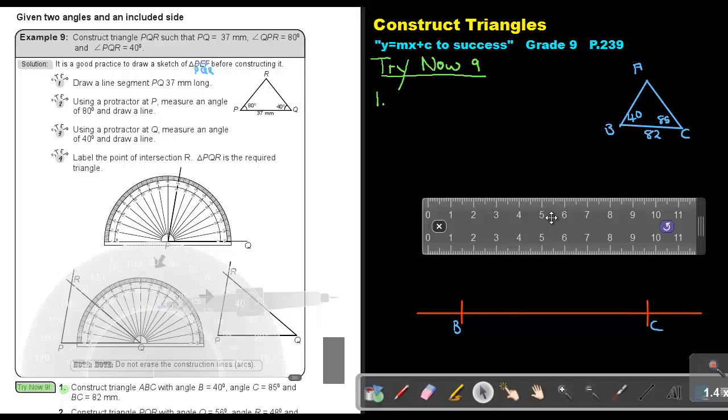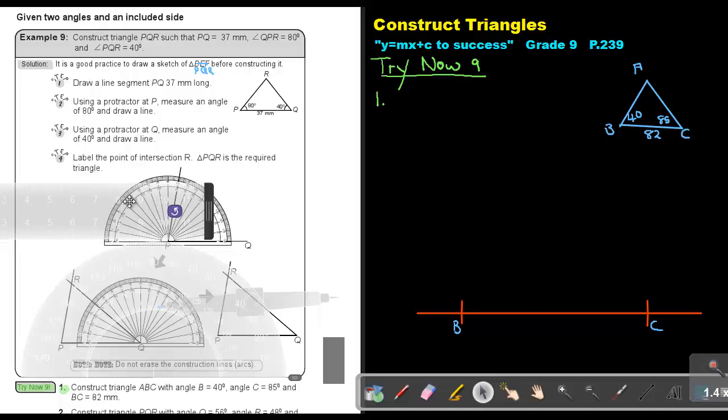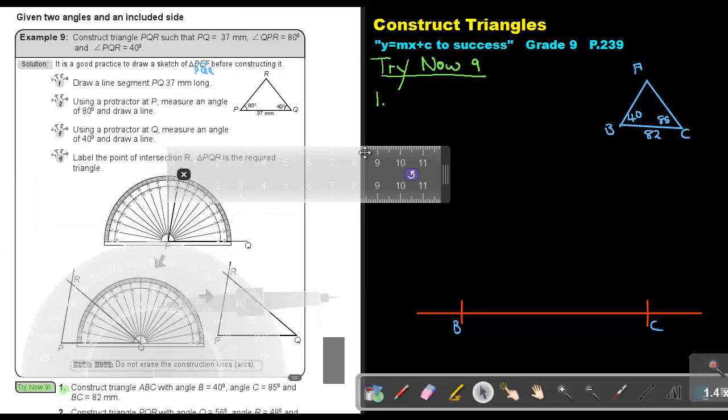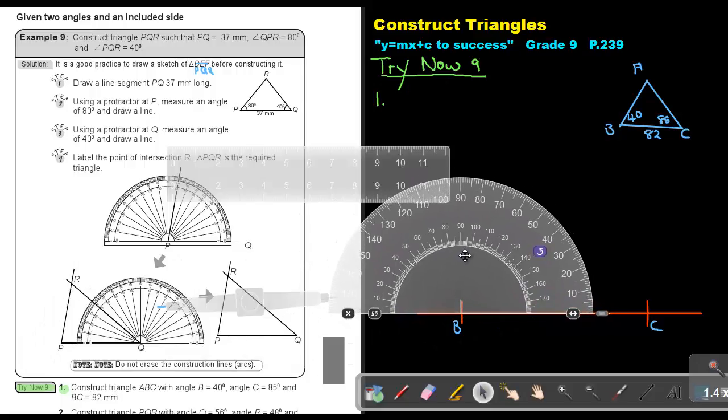Now I'm going to use my protractor and put it exactly at B, and take a pen and mark an angle of 40 degrees. Remember, you have to check your scales.